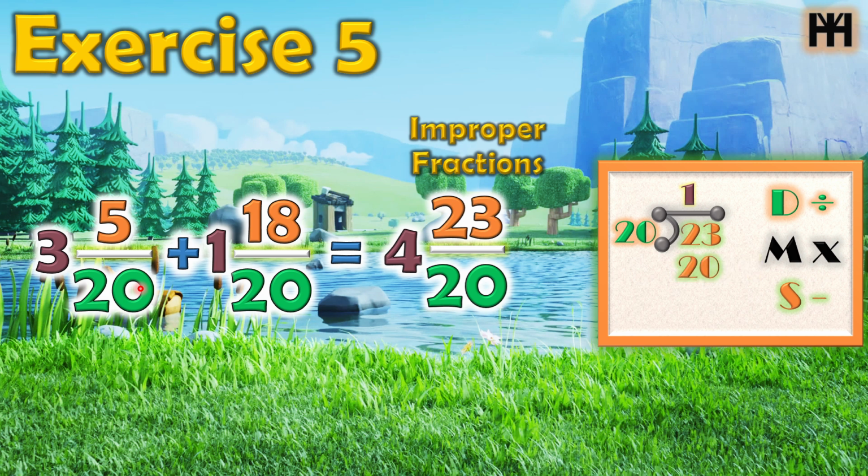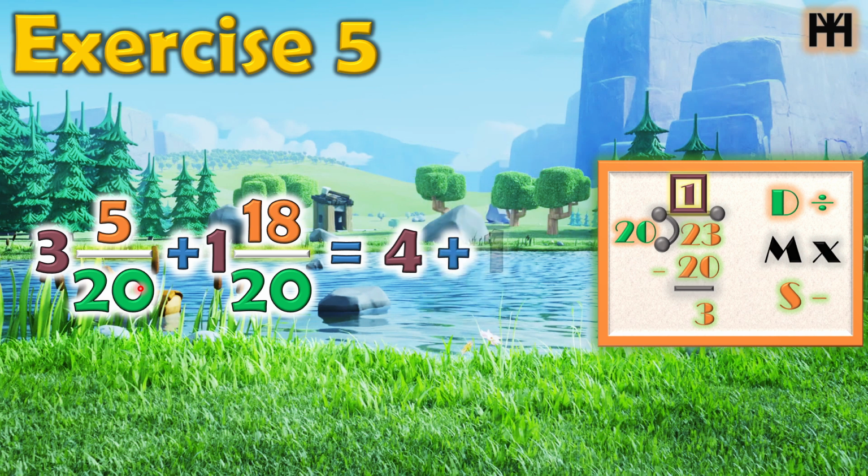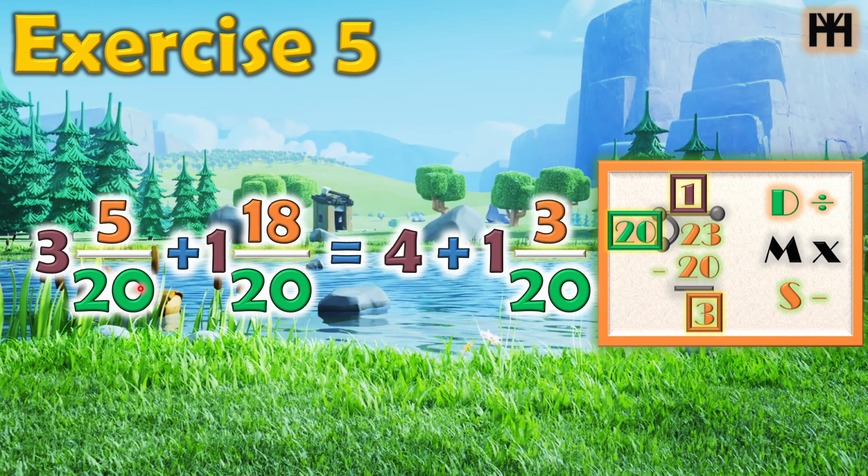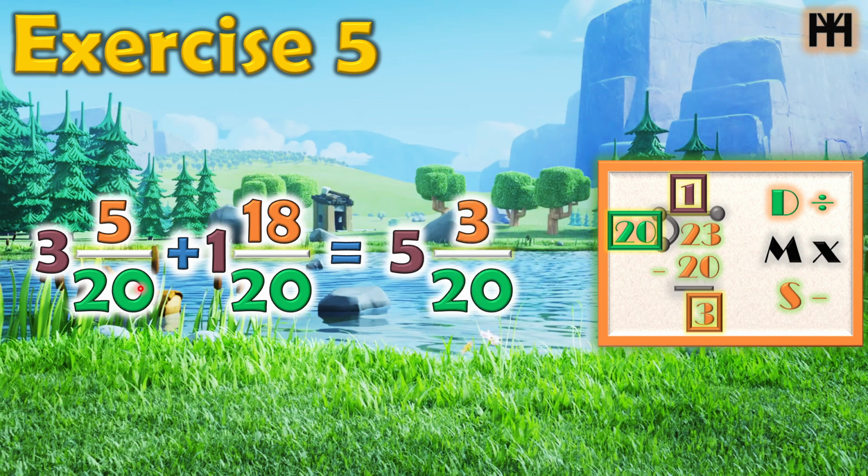Yes, 20 times 1 is 20. Then subtract 23 minus 20 is 3. Then the 1 here will be the whole number, and the 20 here will be the denominator, and the 3 here will be the numerator. So 4 plus 1 and 3 over 20 is 5 and 3 over 20.